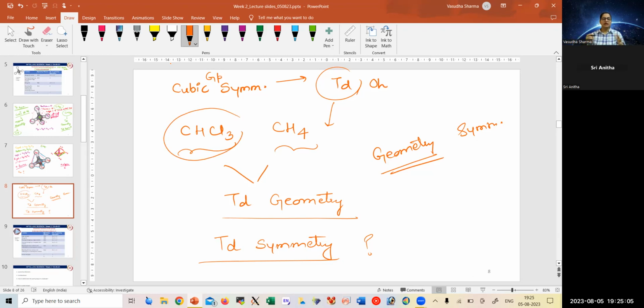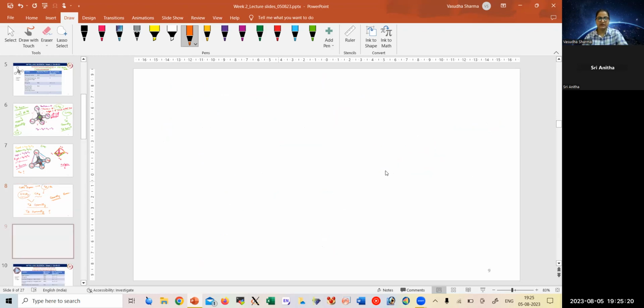For example, if I rotate the molecule or put a mirror plane on it, it should give me a similar conformation, not identical, but equivalent. In this particular case, CHCl3 would be this structure. This seems to be tetrahedral, but it does not have tetrahedral symmetry.